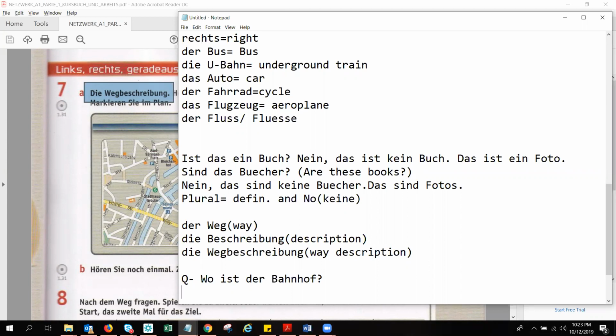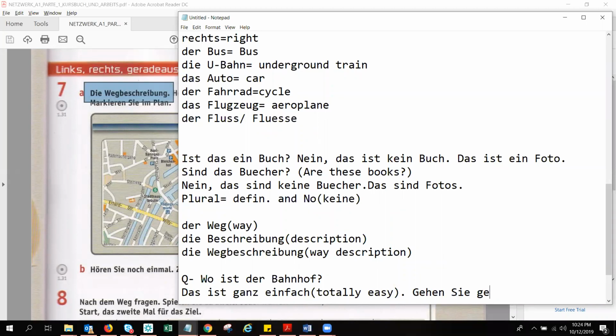Now I am explaining the answer or the way for this. You can directly tell the way, or you can say das ist ganz einfach. Like this is very easy. Einfach is easy, ganz is total. This is totally easy. Gehen Sie, so gehen is go.